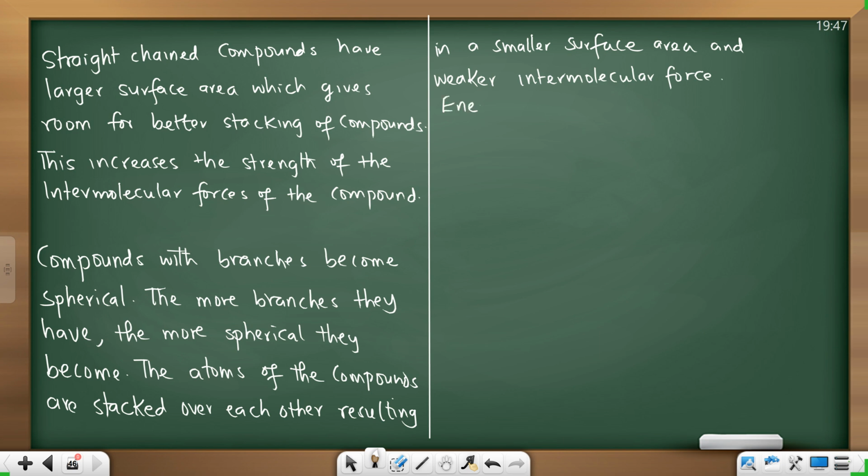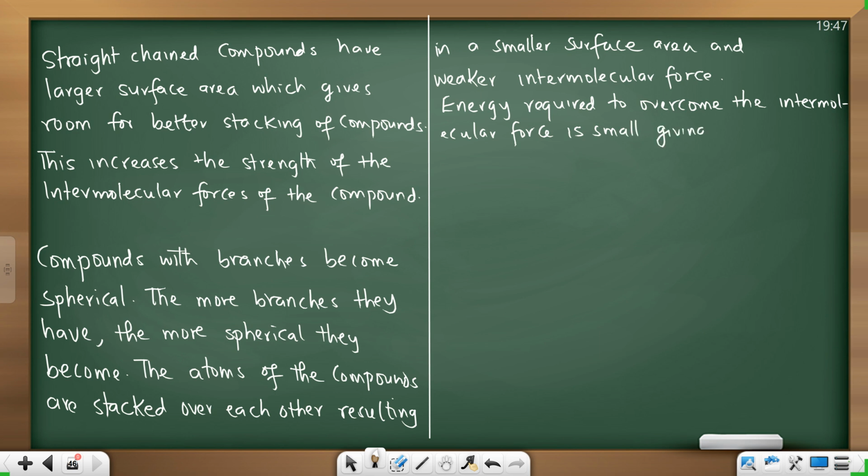Energy required is then low. Energy required to overcome the intermolecular force is small.